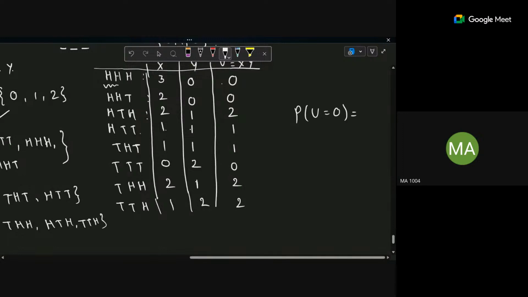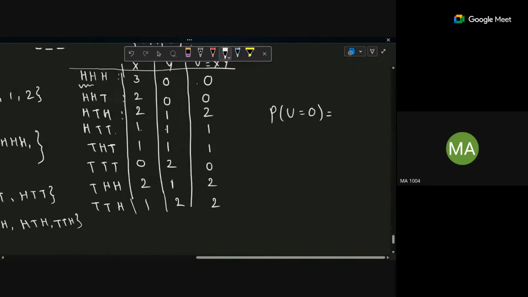Then what will you use? You directly use the formula: favorable outcomes by total possible outcomes, right? So the probability that U is taking 0 is 3 by 8.